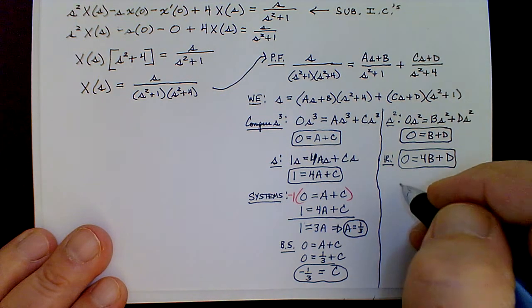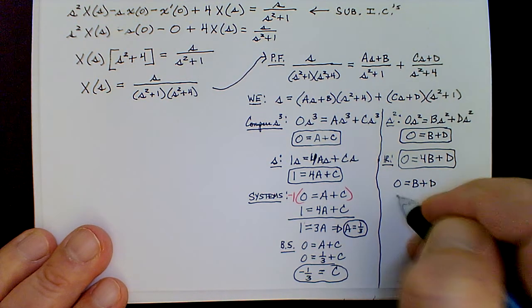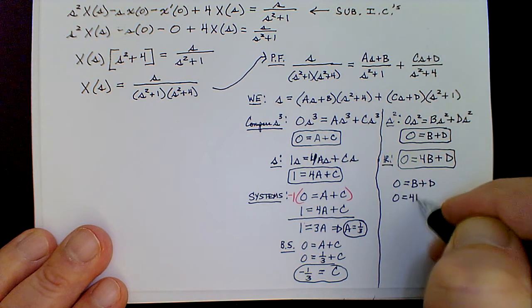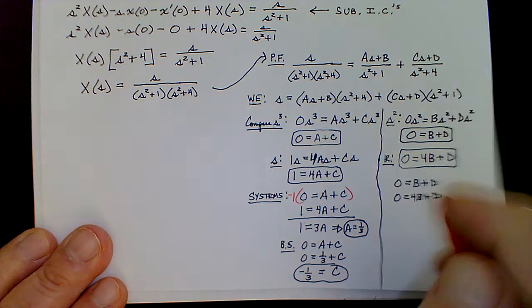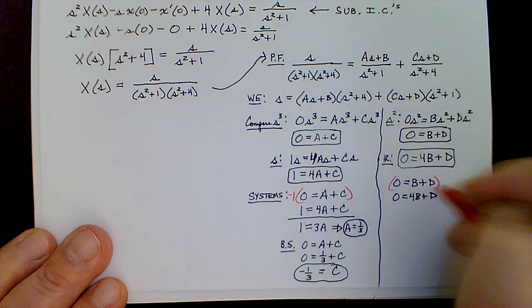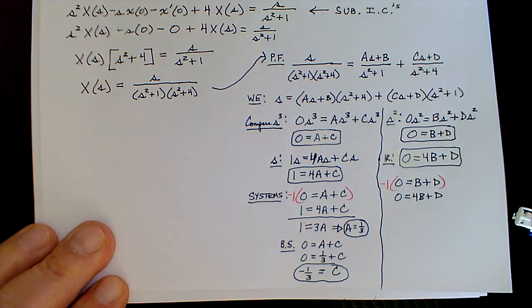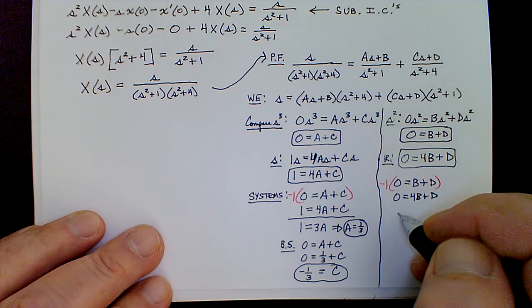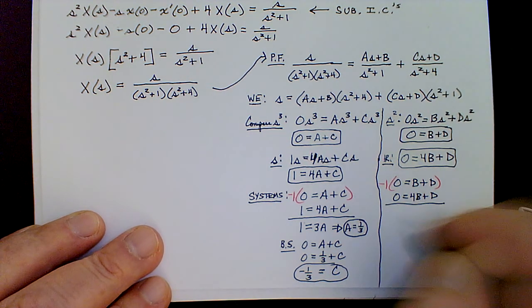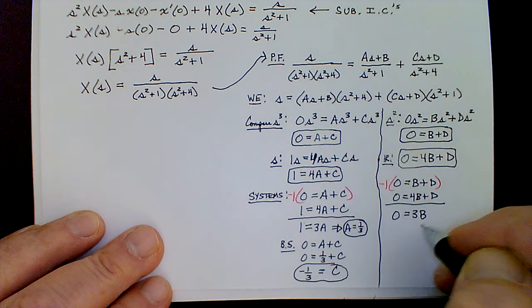Okay, and then for this system, line them up again. I'm just doing the algebraic method. And again, I'm going to multiply the top by -1. And we get 0 equals 3b.